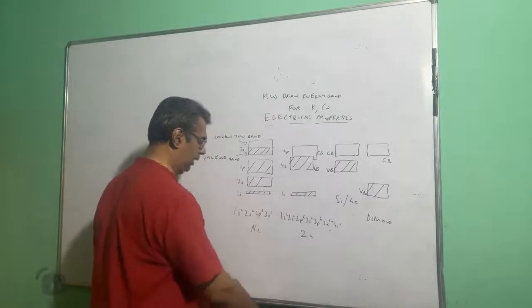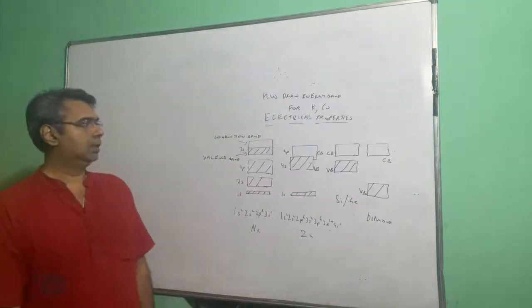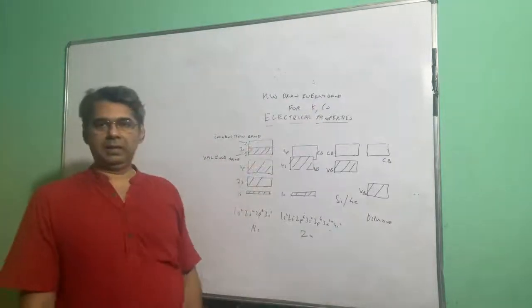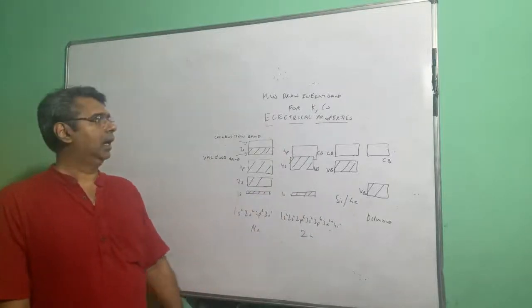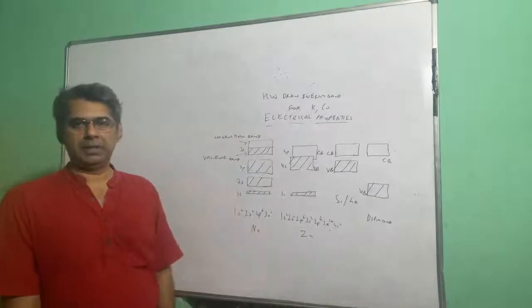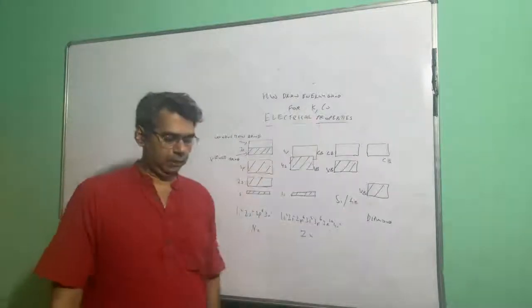You know that potassium and copper both are metals. You can take the hint from whatever techniques I have shown you and just try to draw a representative energy band diagram for potassium and copper.